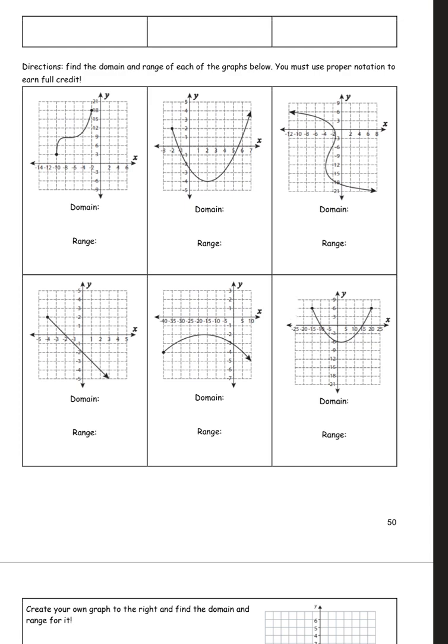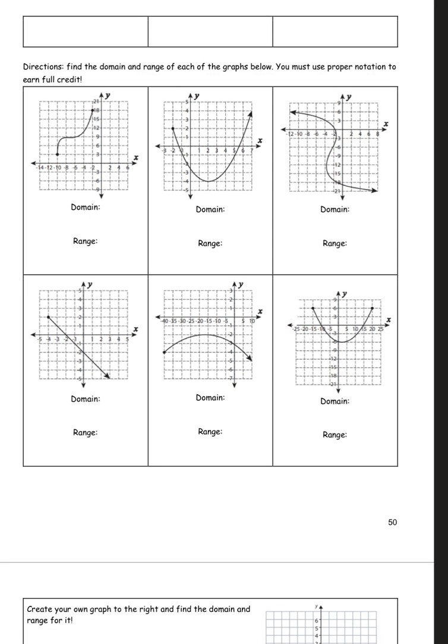All right, so taking a look here, you have 6 problems. So again, I want you to identify the domain and range, paying close attention to the endpoints. For example, let's take a look at this one here, just because the endpoints are different, and I want to give you an example of the difference in the endpoints.